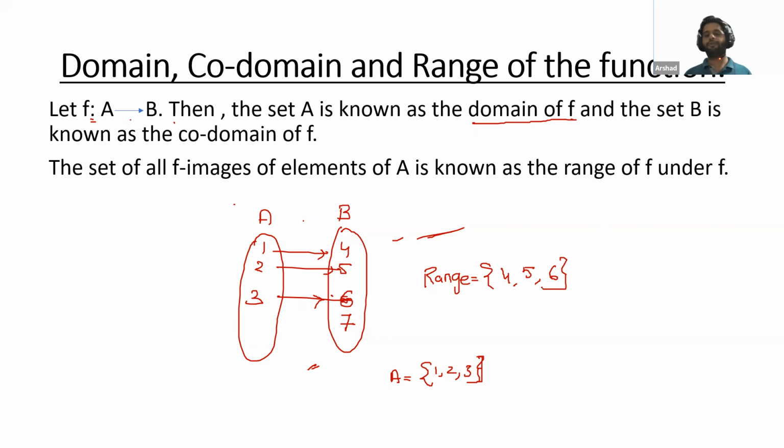So the range is 4, 5, 6, but the codomain is 4, 5, 6, and 7. Atif and Huzefa, is this clear?